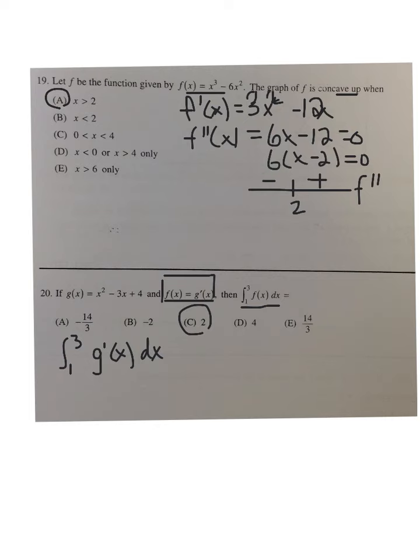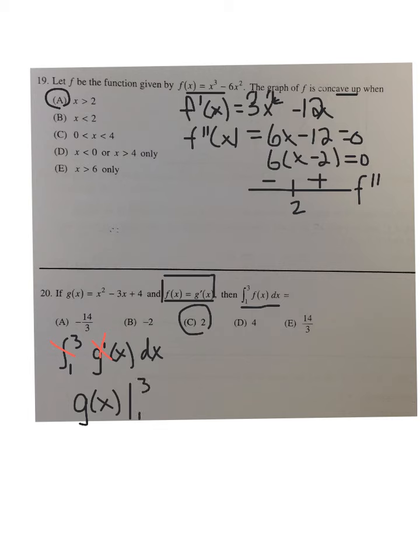Now there's a reason why I am going to do that, because when I have an integral and a derivative, don't they cancel each other out? So what I'm really going to do is cancel the prime out with the integral, and then basically what I'm going to have is g, and I'm going to evaluate it from 1 to 3.